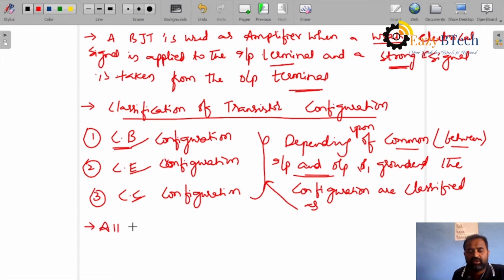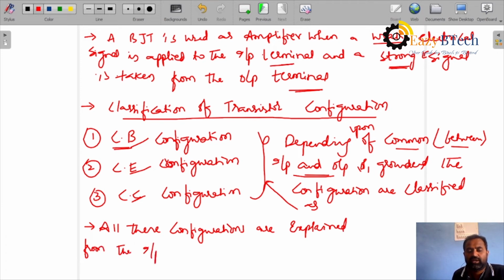all these configurations are explained from the input and output characteristics, that we will study.